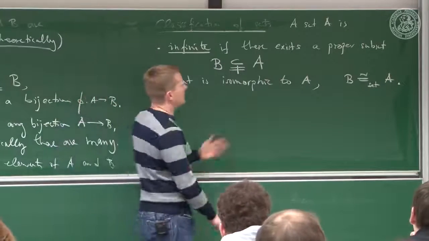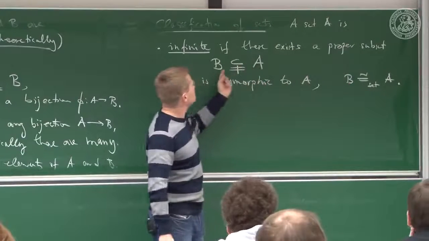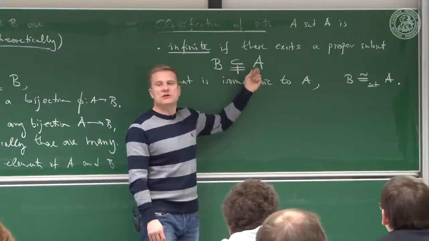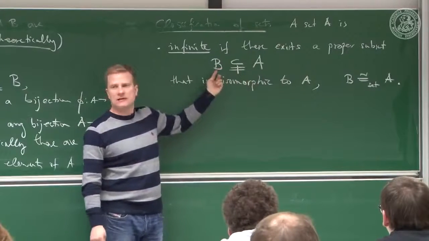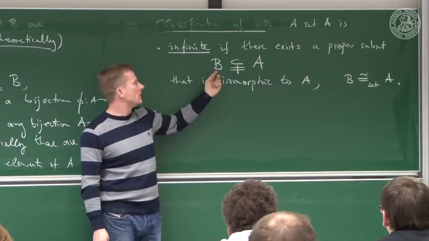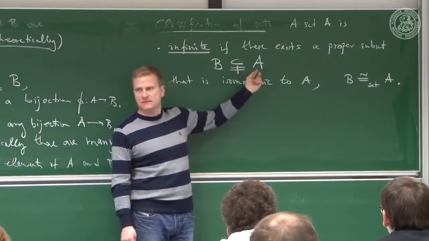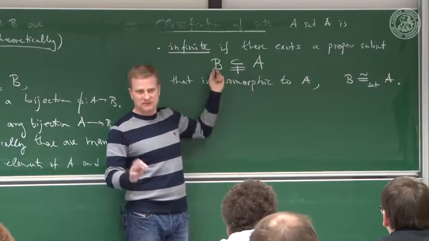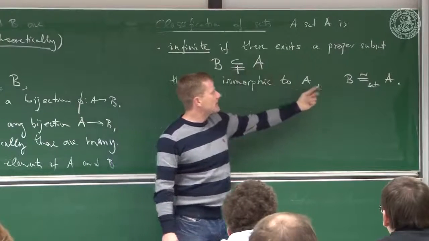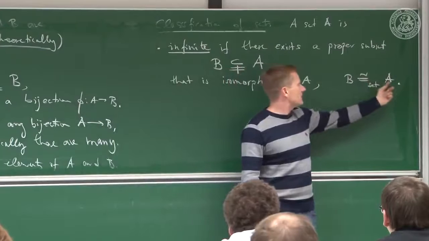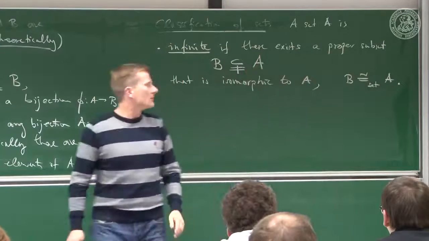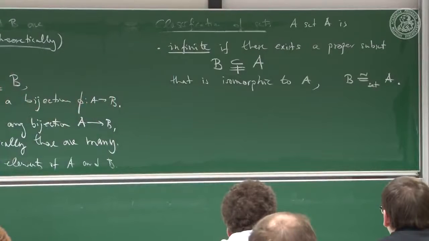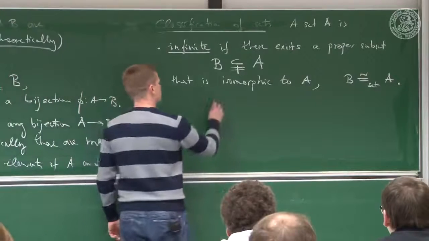So a typical example would be the integer numbers Z and the natural numbers N. Right? N is a proper subset of Z, because -1 is not in N. That suffices. Okay? But nevertheless, Z is isomorphic to N. You can write down a bijection. So that is infinite. Now, if it's infinite, there are two different types of infinite.